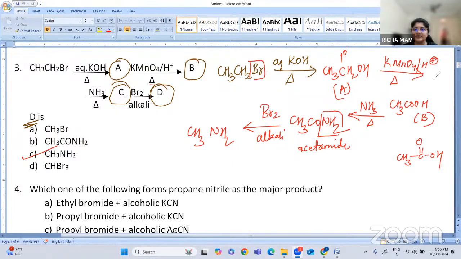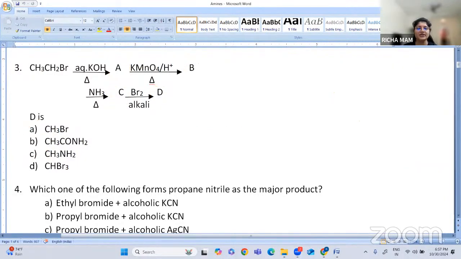Then it is treated with KMnO4 in acidic medium, heated, and your primary alcohol is converted to acetic acid, which is an oxidation. Then reacted with ammonia, heated, you get acetamide. Reacted with bromine in the presence of alkali, it gives you methylamine. So our option is option C.